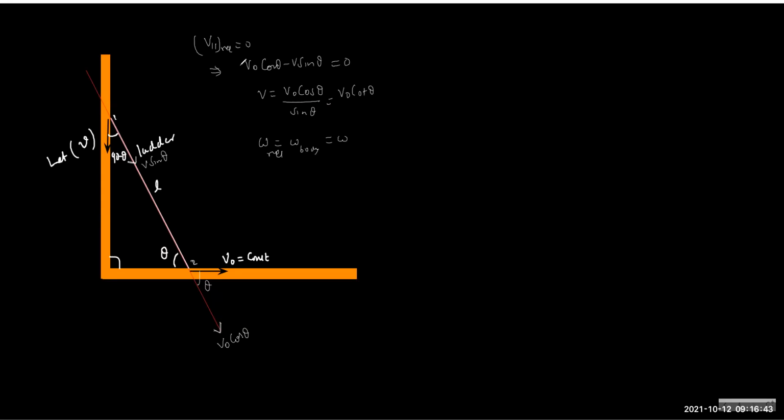No, it's slightly different. Sir, the V vector should be perpendicular to the length of the ladder L. Correct. So it should be perpendicular to the line joining 1 and 2, which is the length of the ladder.